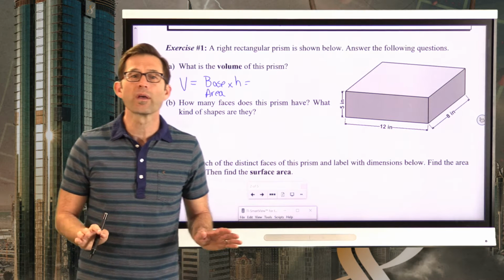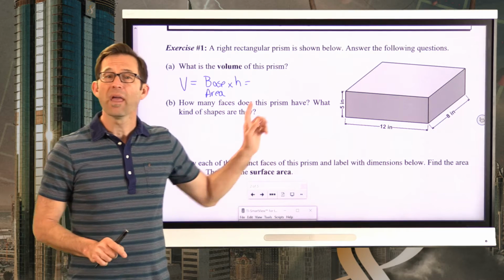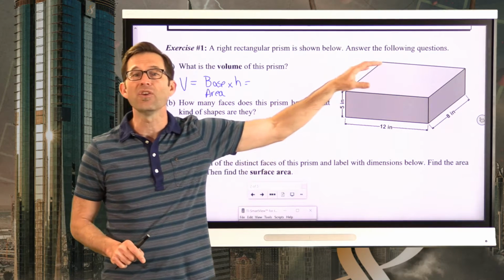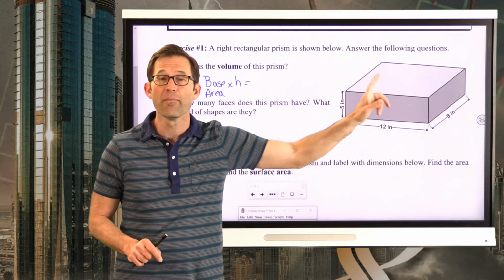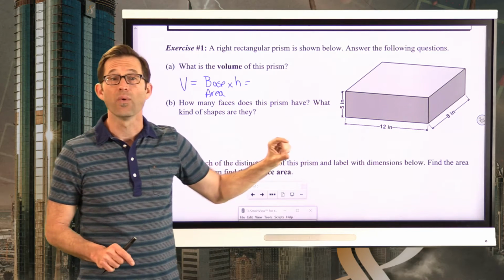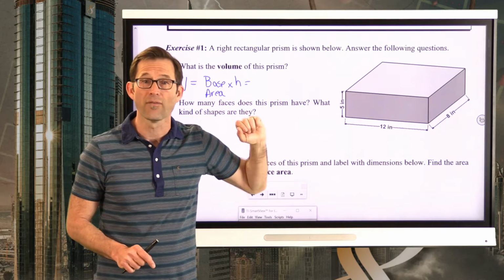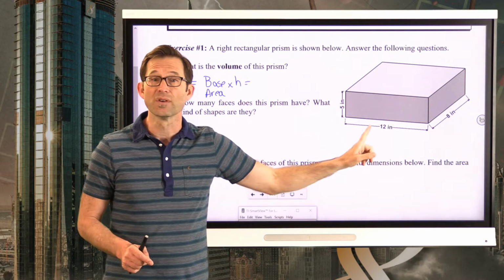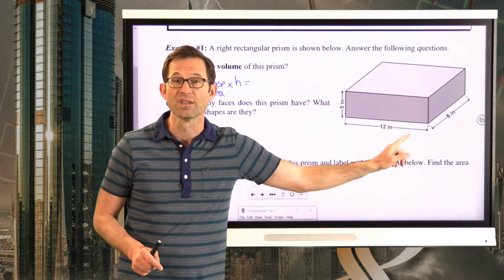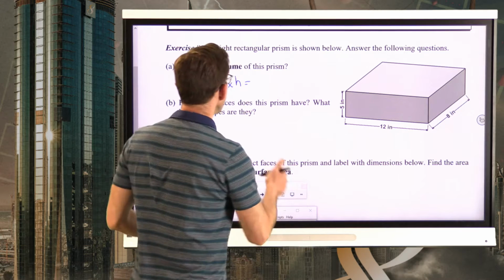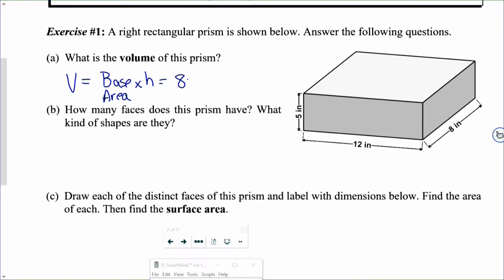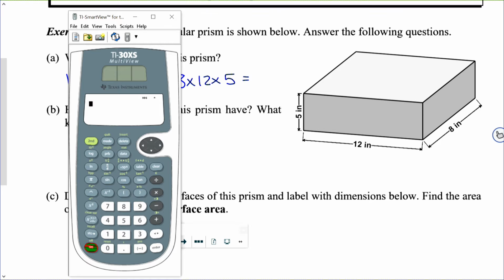And again, let's really quickly review why that is. The base area literally tells you how many cubes could sit on the base. The height then tells you how many layers of cubes you have. So the base of this is just this rectangle that's 12 inches this way and 8 inches that way. So the base is going to be 8 inches times 12 inches. And then the height is going to be 5 inches. We're not going to spend time doing that longhand.